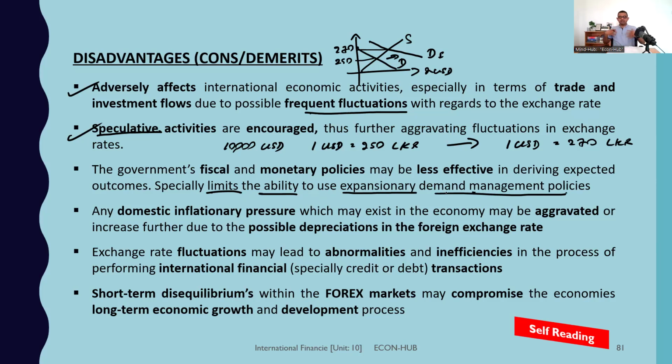See, when the government wants to create economic growth, they have to expand the economy. For that, they have to bring a few things down. They have to bring interest rates down, simple R. They have to bring taxes down.